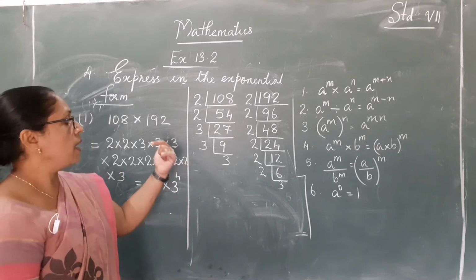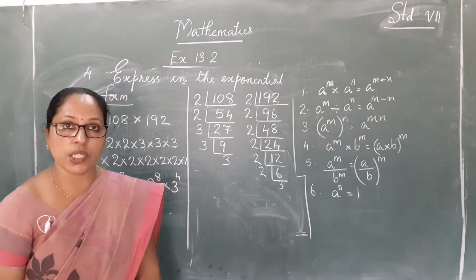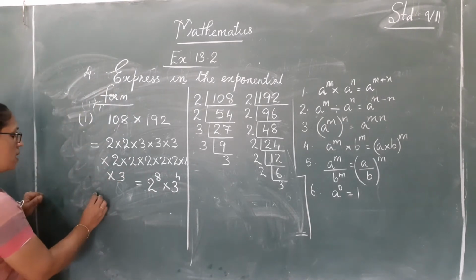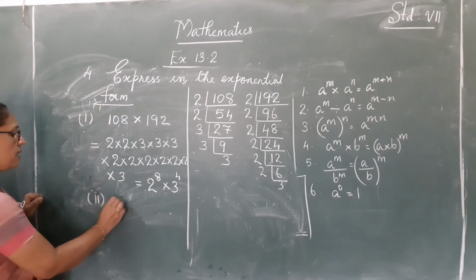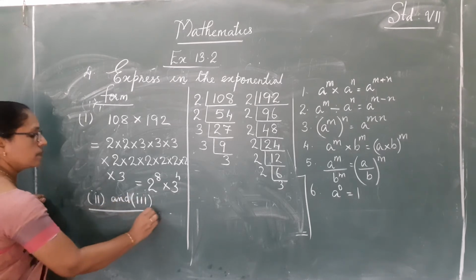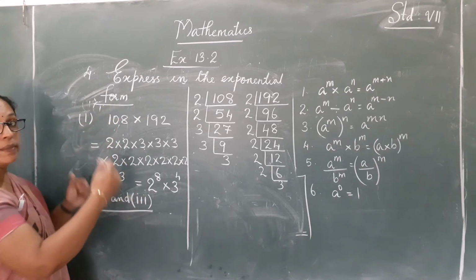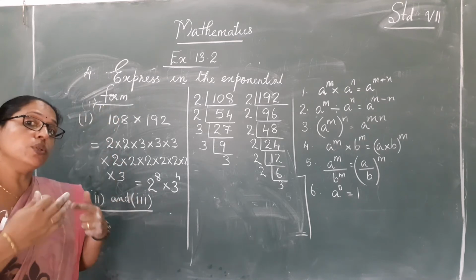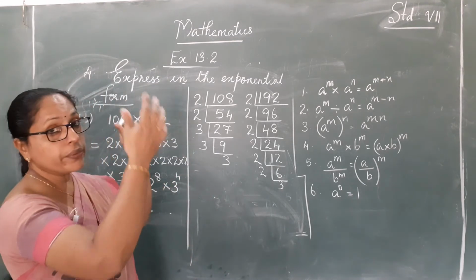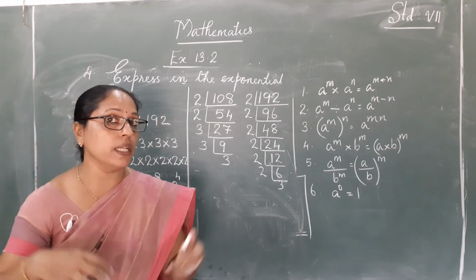So 2 raised to 8 into 3 raised to 4. This is the way we have to put the number in the exponential form. Okay. In this question, the second and third parts are homework. Every part I am giving you homework because when you do it yourself only then you will understand the concept well. If I do all the questions on the board, you just copy it and you will not learn.